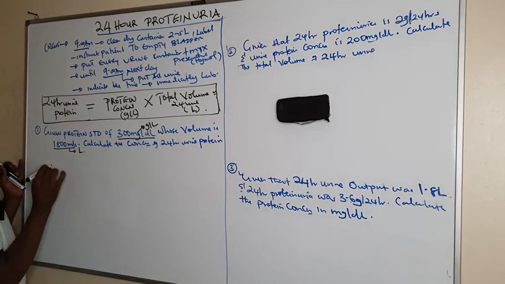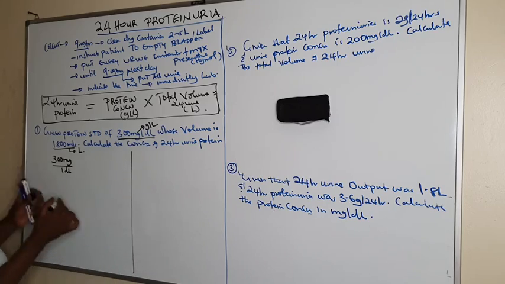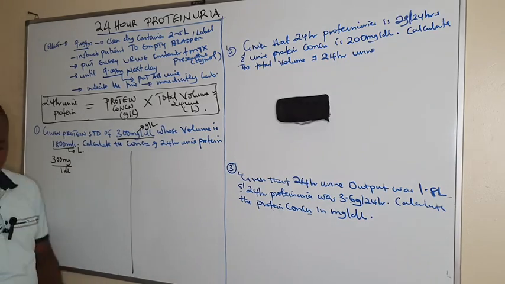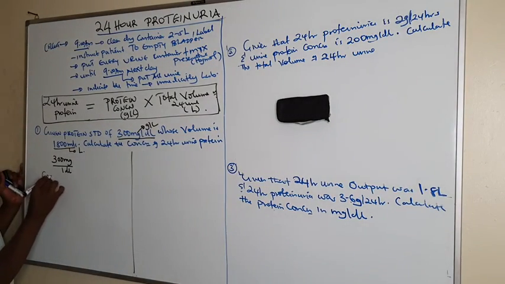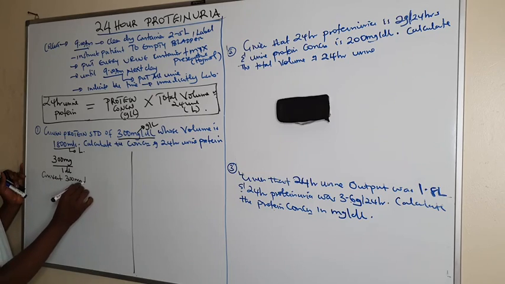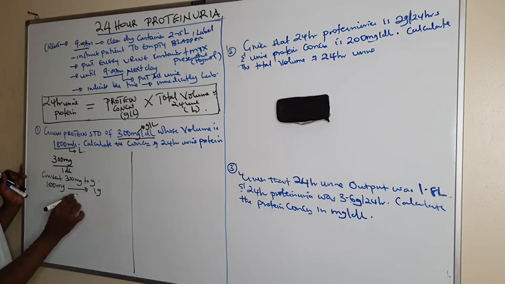So we're going to start by, since we are given 300 milligrams per 1 deciliter, converting 300 milligrams to grams, whereby 1,000 milligrams is equivalent to 1 gram.